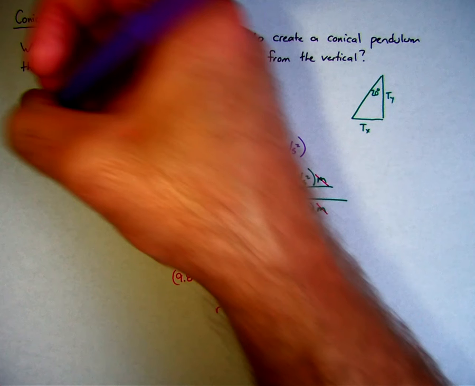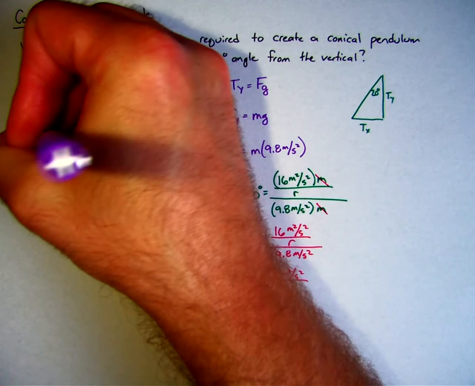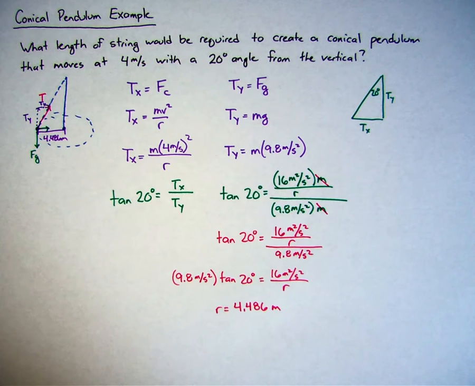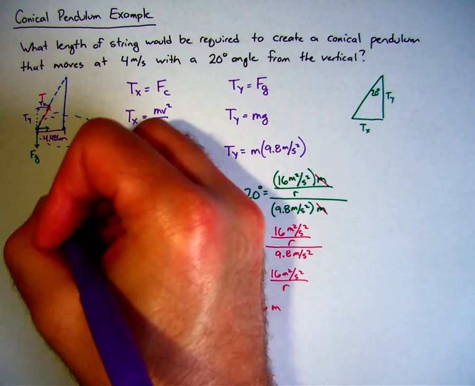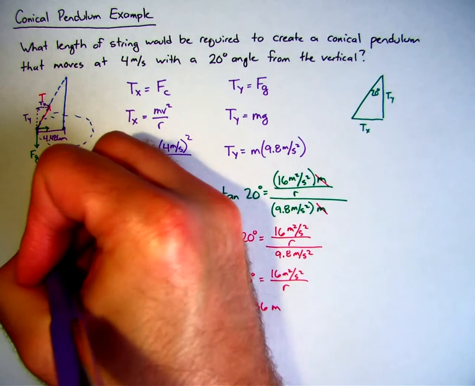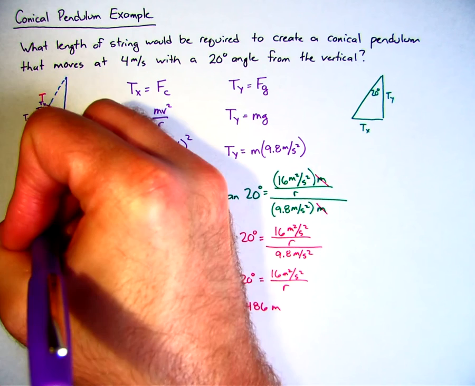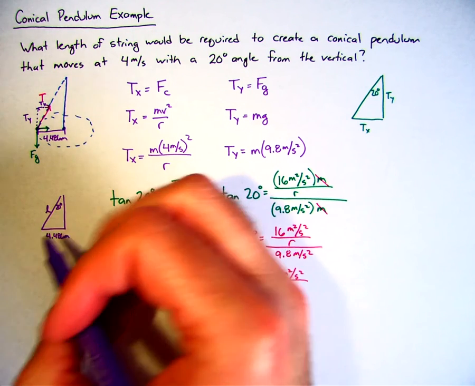So this distance here is 4.486 meters, which means if I wanted to know the length of the string, if I set up my triangle again, I know the angle is 20 degrees. I know this is 4.486 meters, and I need to find L, the length of my string. So I can just do sine.